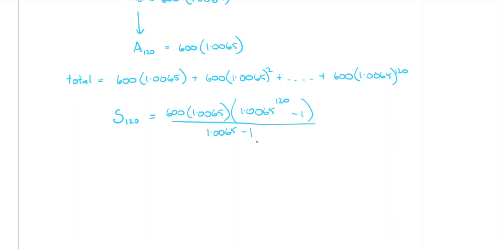Is everyone okay that I'm just subbing straight into the formula? Just the A bracket R to the N minus 1 over R minus 1. That's the sum formula. What did you get, Finlay? 109,206.94. Very good.